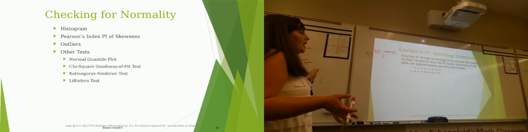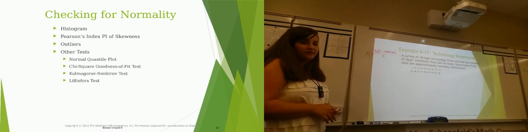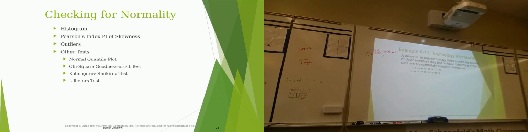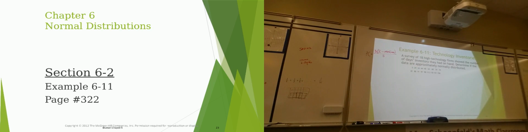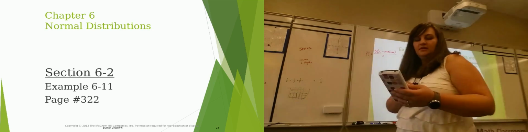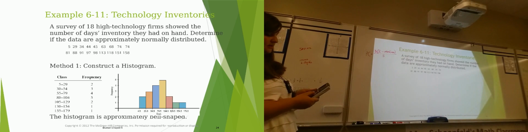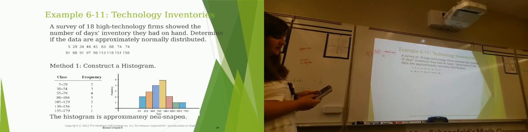Okay, so I have all these things. I don't necessarily care to put it in order, so we're going to type it in our calculators together. Remember, we're going to stat, edit, make sure everything's cleared.